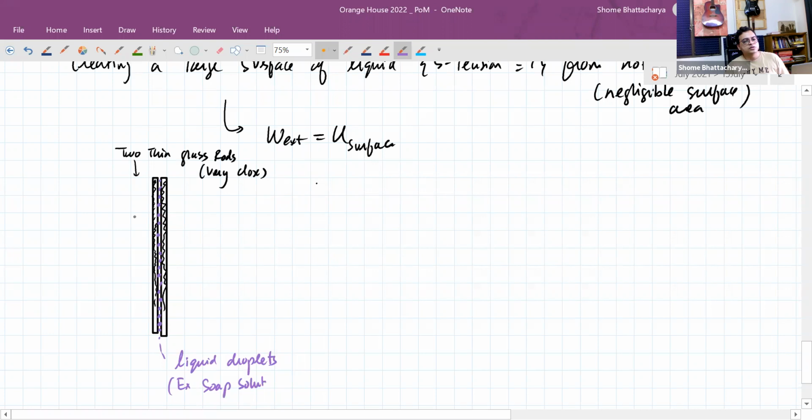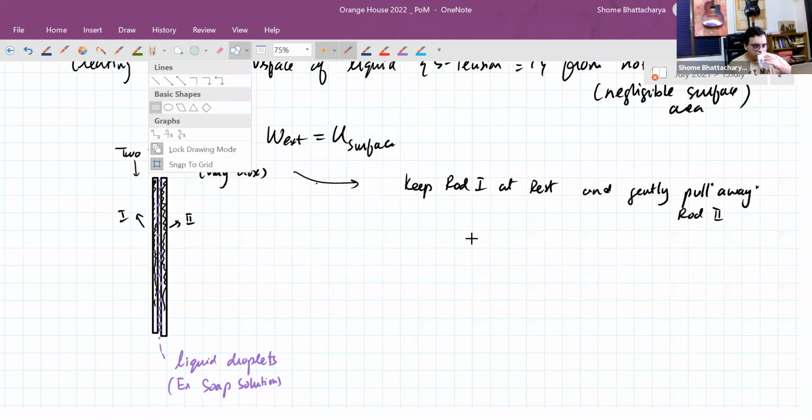Now what we do is, keeping rod 1 stationary, rod 2 is gently pulled outwards. So next what we do is keep rod 1 at rest and gently pull away rod 2.